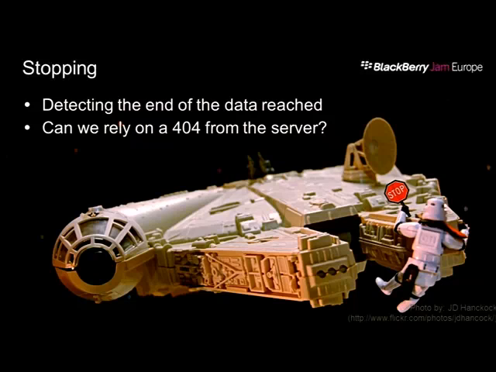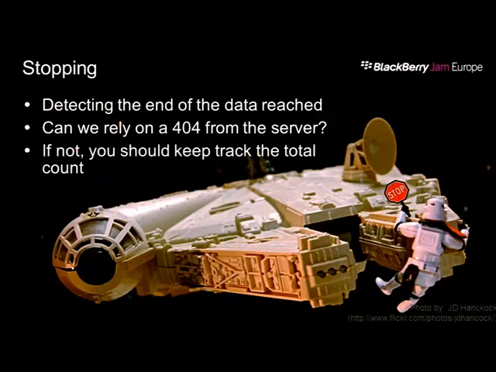Can we really rely on it? In our case, yes. But in real-world applications I couldn't, so what we did is keep track of the total. Every time the server gave us a response, it would include the total items, so we just checked how many items we had against the total, and if we had reached the total, we would stop.